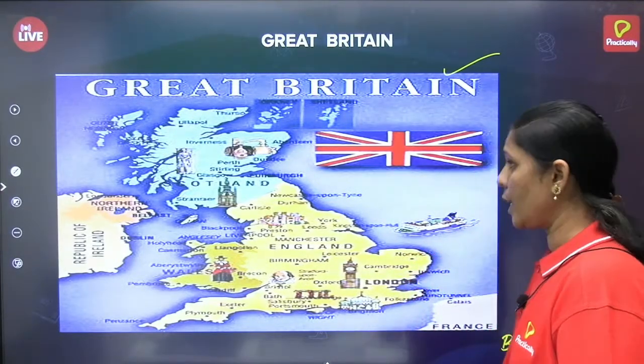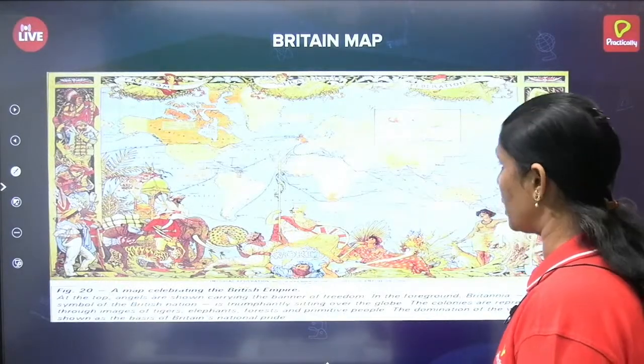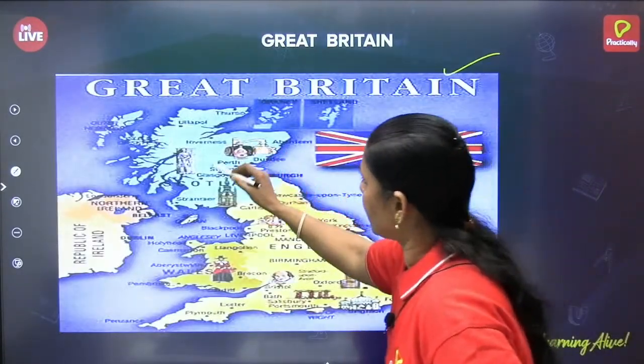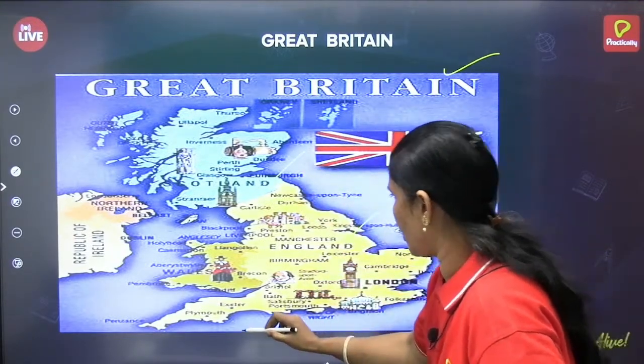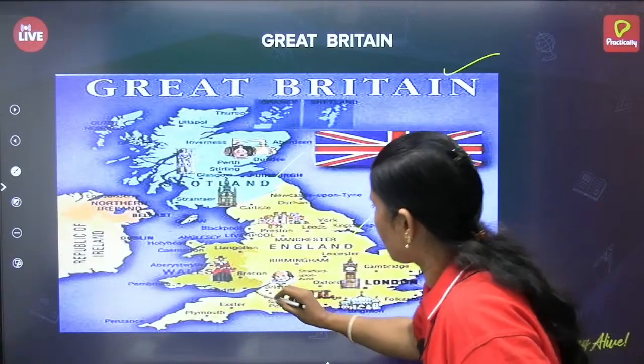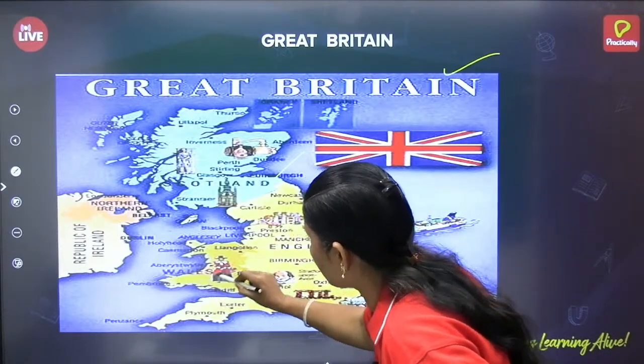Here you can see Scotland, England, and down here Wales.